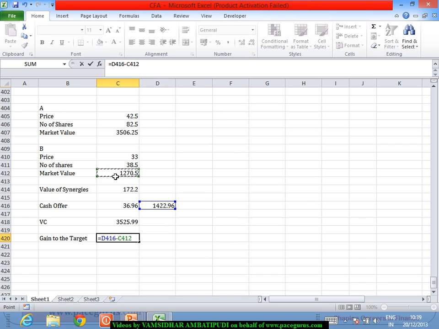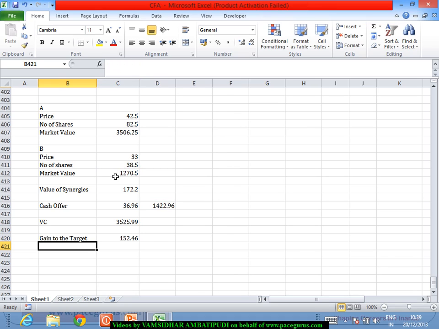Their value is only 1270, but they have received 1422. So their gain is to the extent of 152, whereas the gain to the acquirer, sometimes it can result in a loss also. When we had projected the value of the synergies differently, it actually resulted in a loss to the acquirer also. In some cases, such deals are also possible.